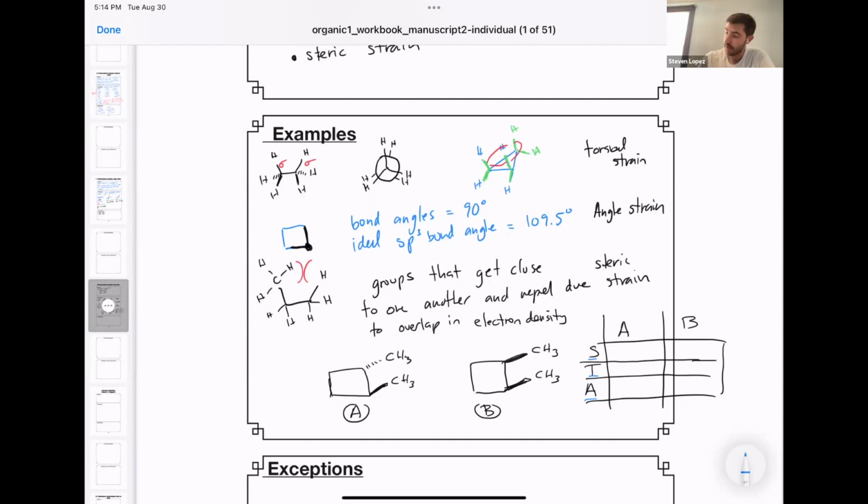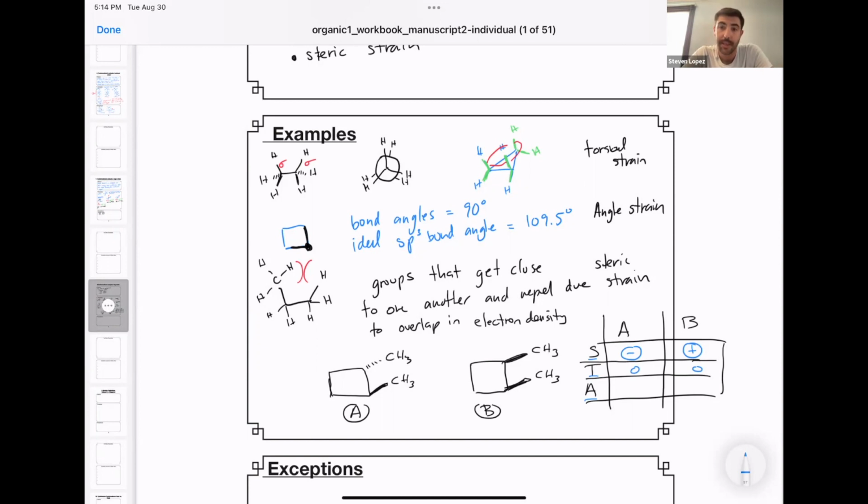So I'm going to put a plus on molecule B because this molecule has higher strain energy, and a minus next to A because it has less steric strain. For the torsional strain, both of these molecules have exactly the same torsional strain. So I'm going to put zeros there because it has exactly the same number of eclipsing or nearly eclipsing interactions.